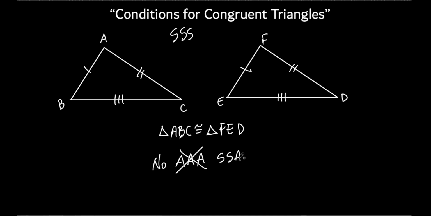Now, I wrote it like this because we're in a Christian school. We're not supposed to show bad words. So, but if you wrote it the other way, the other direction, it's not really why there's no side, side, angle, but it's a way that you can remember that there's no side, side, angle. Because if I wrote it the other way, there is no angle, side, side, all right? Because everybody would laugh and giggle and all that kind of stuff. That's not the reason why there's not that theorem, but it doesn't exist, all right?